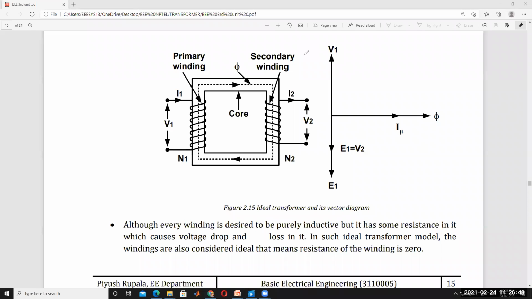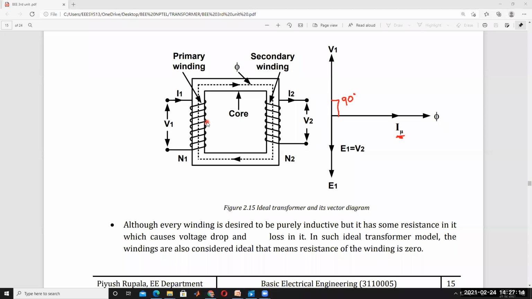The magnetizing current is called I mu. This lags the supply voltage by 90 degrees for an ideal transformer. So here we have two main concepts. First, the supply voltage V1.